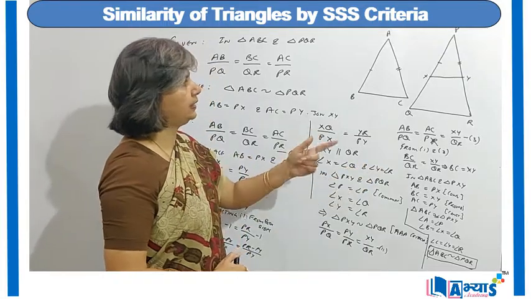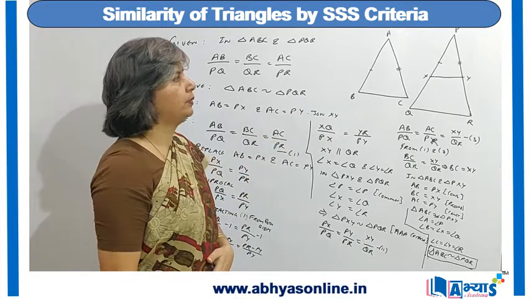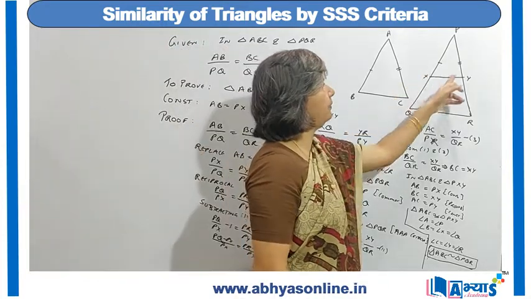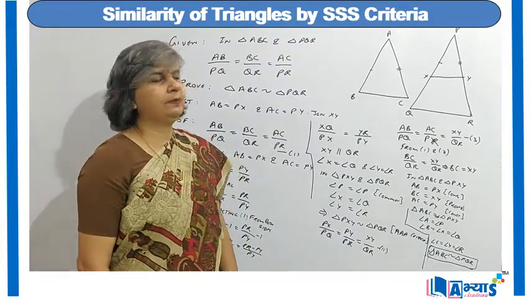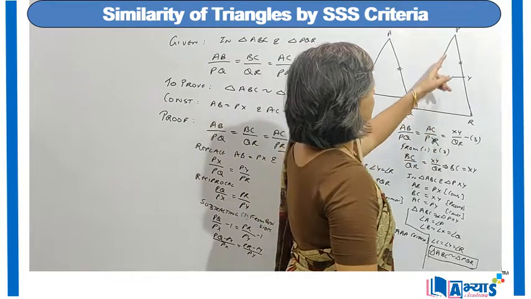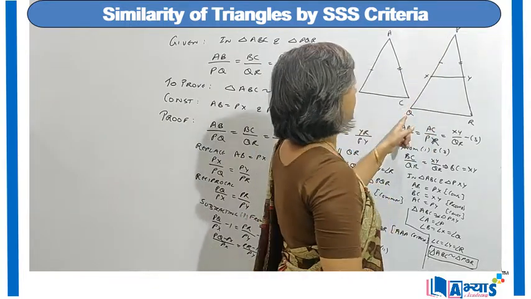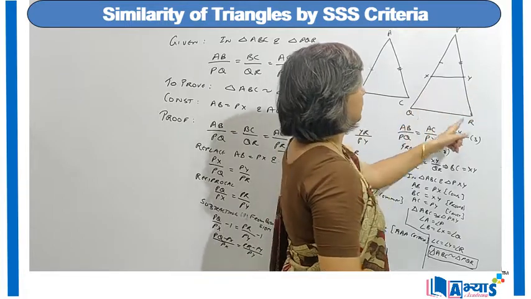In triangle PXY and PQR, angle P is equal to angle P, it is common in both. X is equal to Q and Y is equal to R. That means the two triangles are similar by AAA criteria. And so when the two triangles are similar, the ratios, that means PX upon PQ, PY upon PR, are equal to XY upon QR.